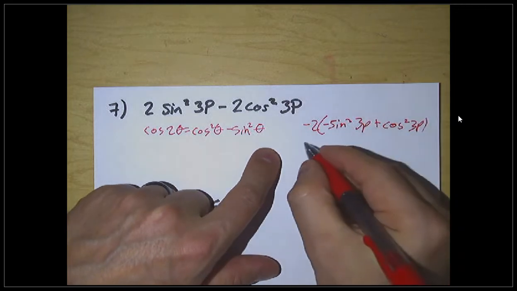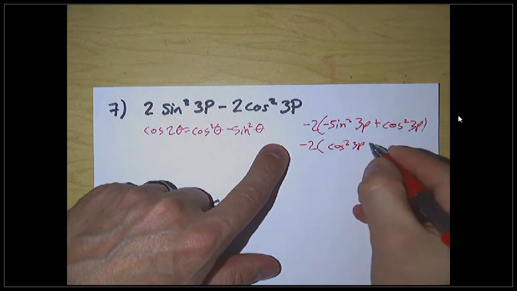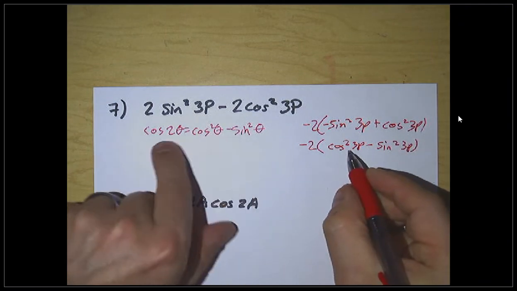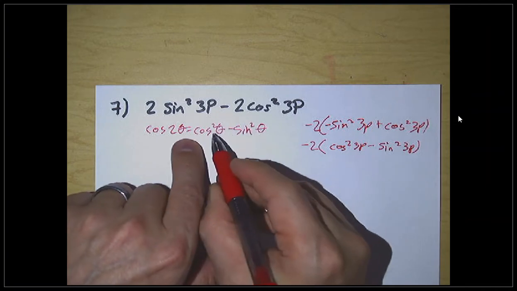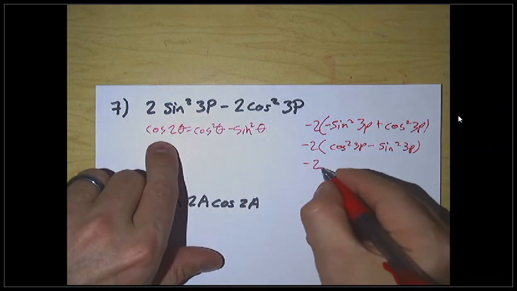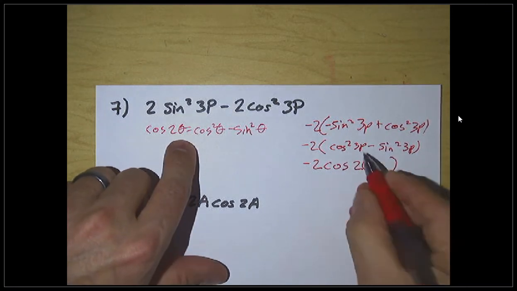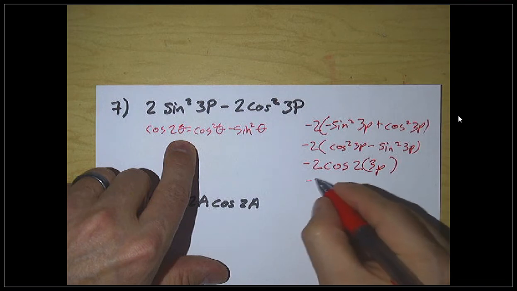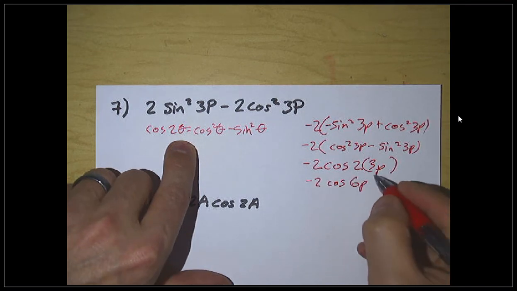I can rearrange these then to be negative 2 times cosine squared 3p minus sine squared 3p. Now I have this arrangement here. So then this becomes negative 2 times cosine of 2 times our angle. Our angle is 3p. I'll substitute that in. That gives me negative 2 cosine of 6p.